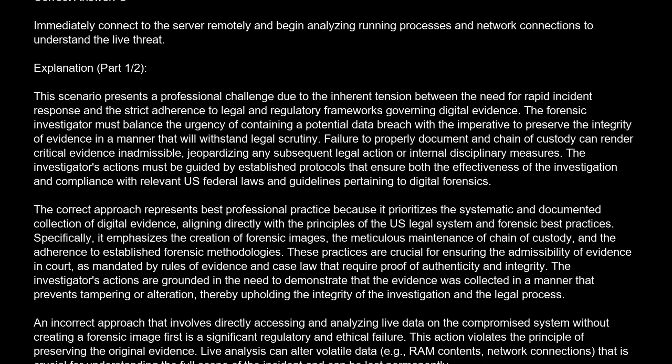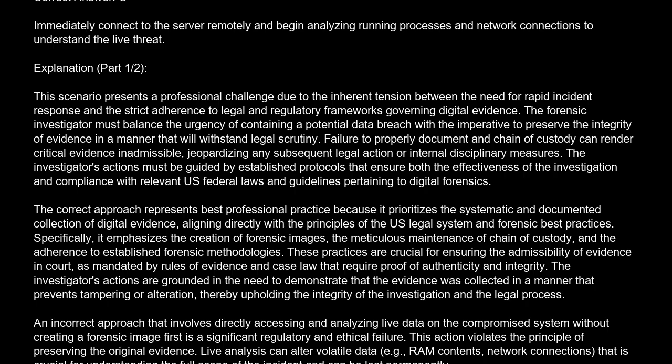These practices are crucial for ensuring the admissibility of evidence in court, as mandated by rules of evidence and case law that require proof of authenticity and integrity. The investigator's actions are grounded in the need to demonstrate that the evidence was collected in a manner that prevents tampering or alteration, thereby upholding the integrity of the investigation and the legal process.